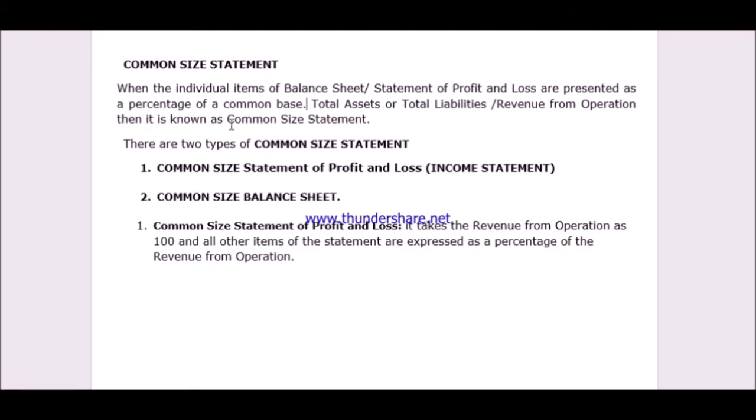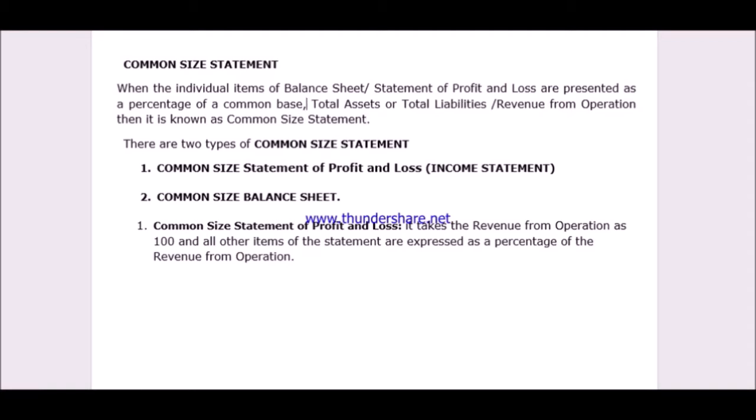So the definition is: when the individual items of the balance sheet or statement of profit and loss are presented as a percentage of a common base, like total assets, total liabilities or revenue from operation, it is known as a common size statement.